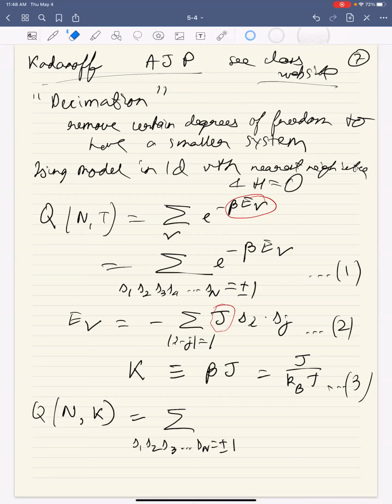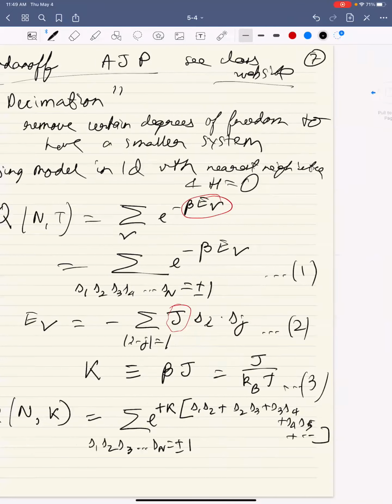I should have plus K, right? Not minus beta J, but plus K. And then I'm going to have S1 S2 plus S2 S3 plus S3 S4 plus S4 S5 plus dot, dot, dot. Why did I not write S1 S3? Only first nearest neighbor interaction, right?